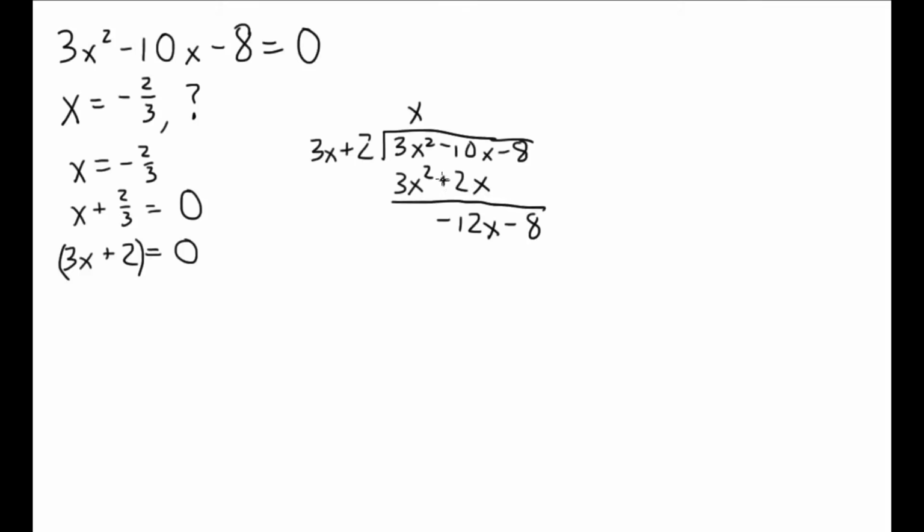You should see that the whole thing just needs to be multiplied by -4, and then -4 times that will give us -12x minus 8, which means when we subtract, we will get 0, so we don't even have to bother with that step. We have our term here of x minus 4. If we set that equal to 0, what is the root for x? X would need to be 4. So there's our answer.